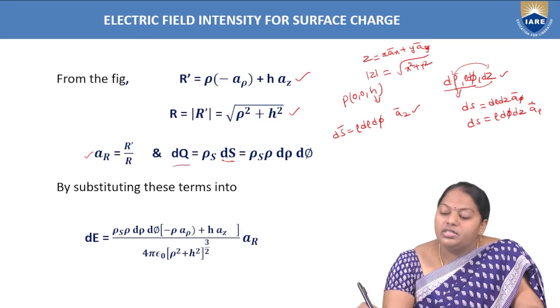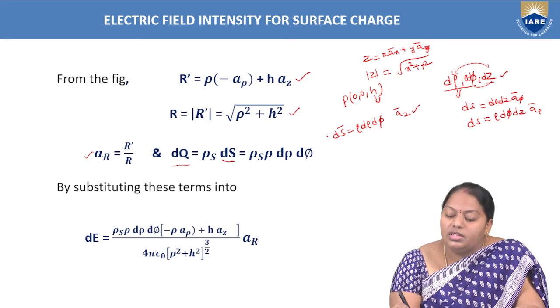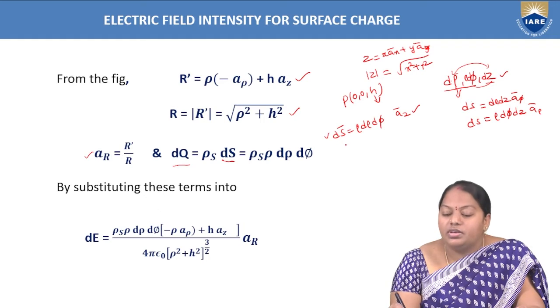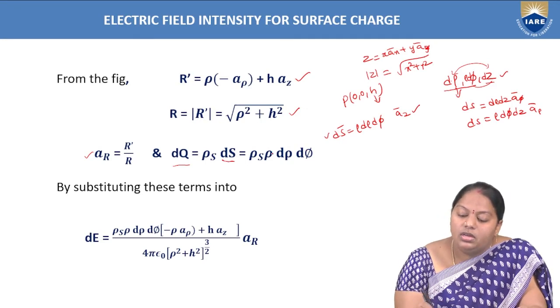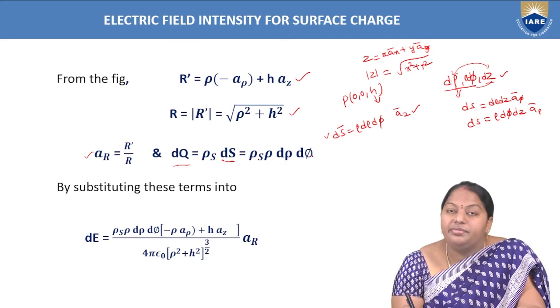Like that, for the z direction, we multiply the first two variables. Hence, the formula for the differential surface component ds is given by rho d phi into az. Okay, so hence dq equals rho s into ds, which is equal to rho s into rho d phi.